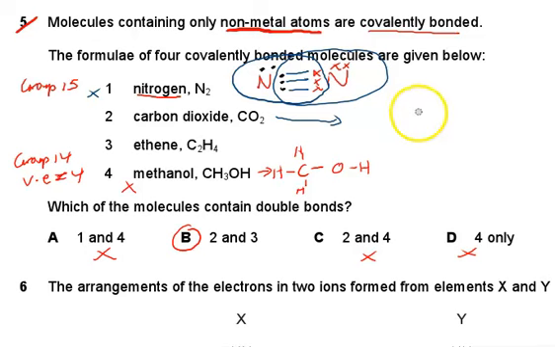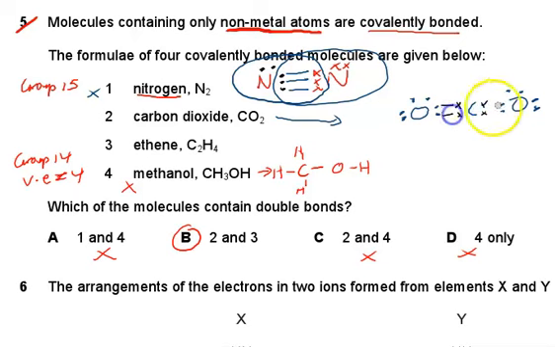Carbon dioxide: oxygen needs 2 electrons. Let me put it this way. Here is carbon and oxygen. The valence electrons for oxygen are 6, so we place 6. And here we have carbon, which has 4.